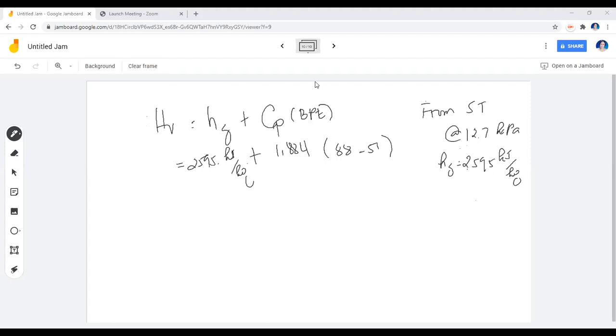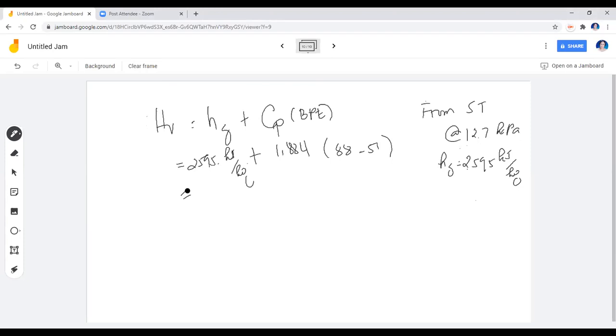Now I already edited the CP, the actual CP, which is 1.884. Your 1.8 is also okay, but if you can write 1.884, then your answer would be more accurate. Now you will have the HV here of your superheated vapor.